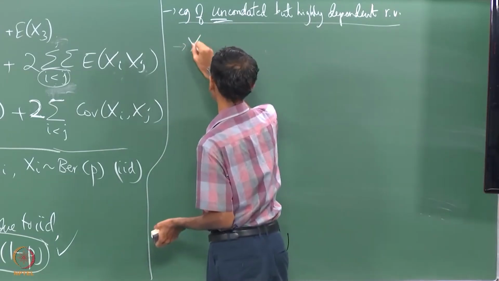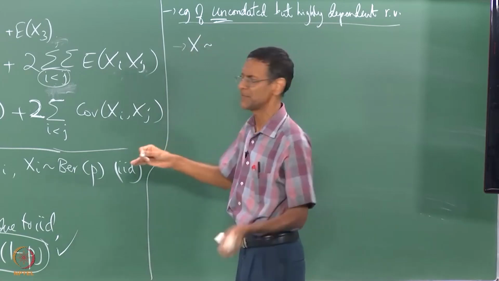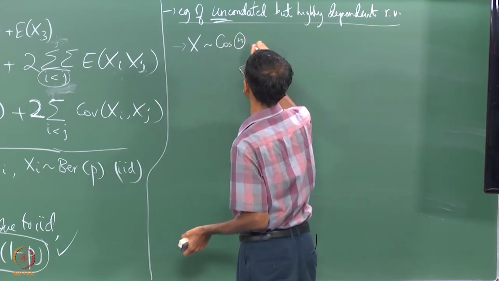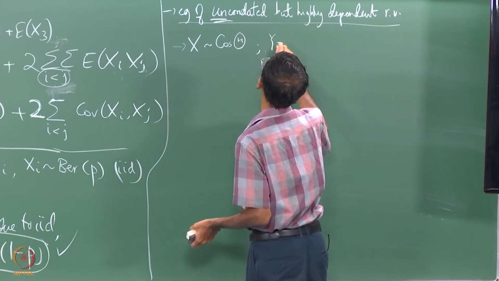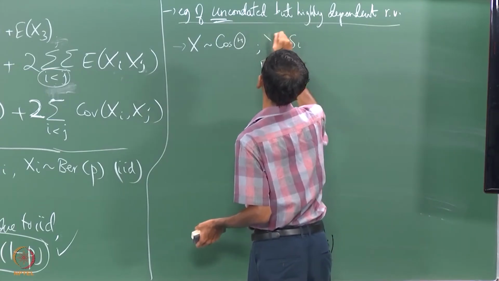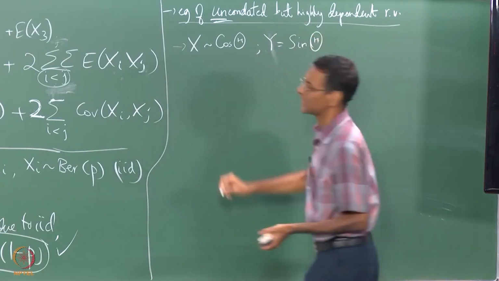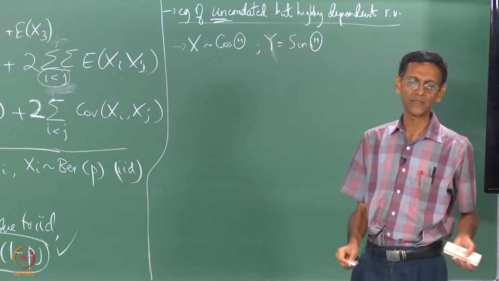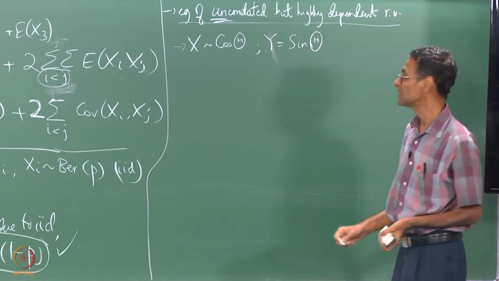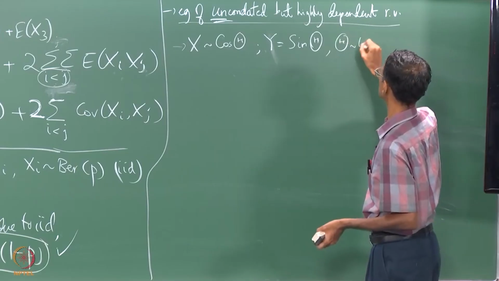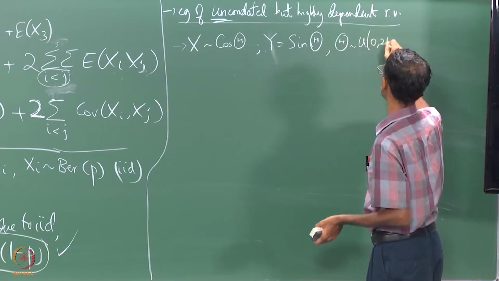There are many possible, I am just picking one, a pair that we have already studied: the spinning pointer pair, where we are looking at the x and y coordinates of the tip of the pointer after it comes to rest. Let us say the angle is uniform from 0 to 2 pi.